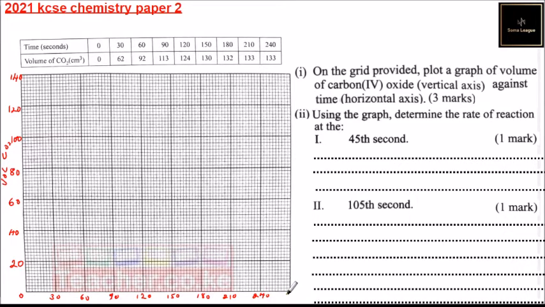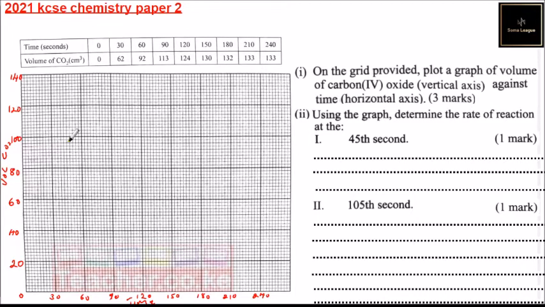That's the maximum value, 240. And this is time in seconds. To draw that, you need to use the values that are provided.